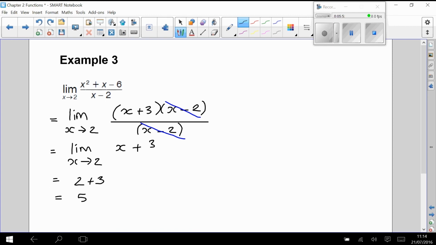Note, though, there is no continuity when x was 2, because that had to be removed, because I've got a restriction when x is equal to 2. So in this diagram, you would have found that there would have been an open circle or a hole at the point on the graph in line when x is going to be equal to 2.